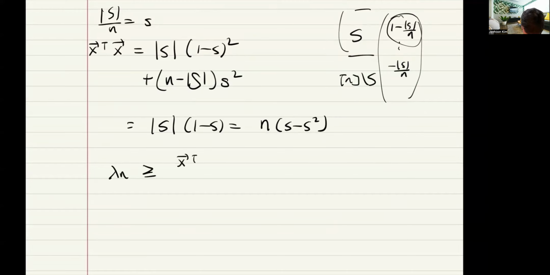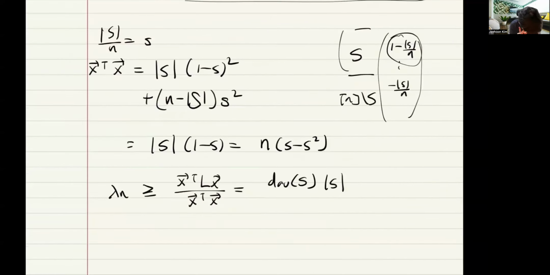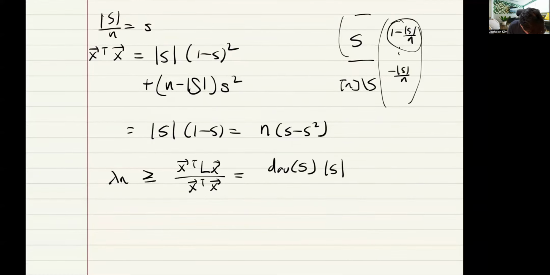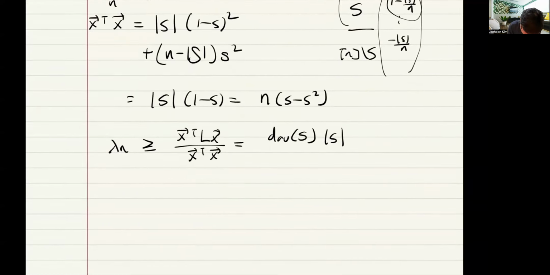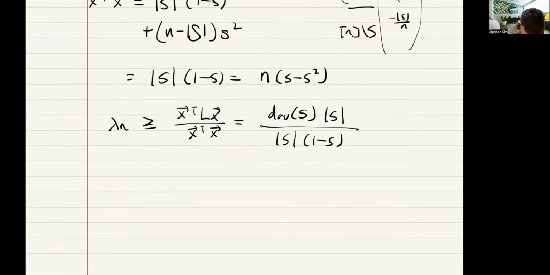So this Rayleigh quotient is at most lambda N, and on top you have the average degree of S times the size of S, as we computed here. And on the bottom you have N times s minus s squared, which is Ns times 1 minus s.